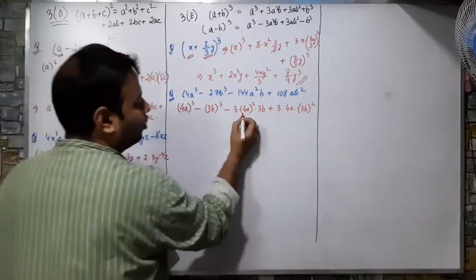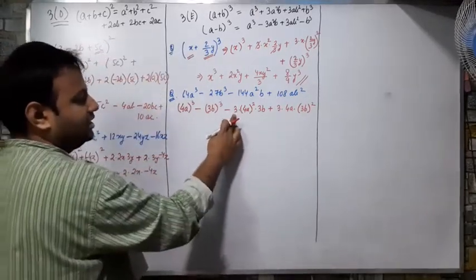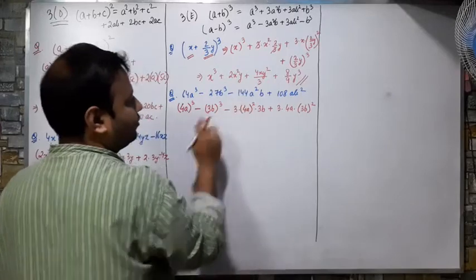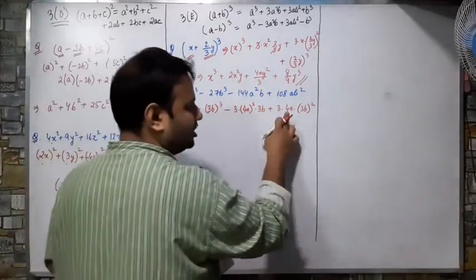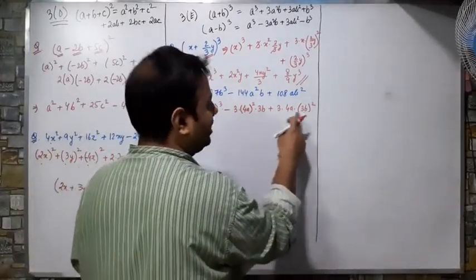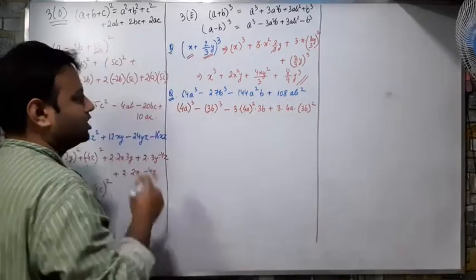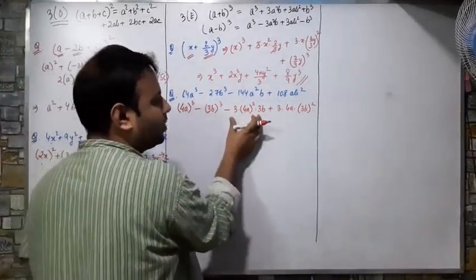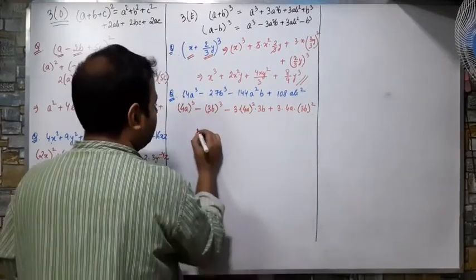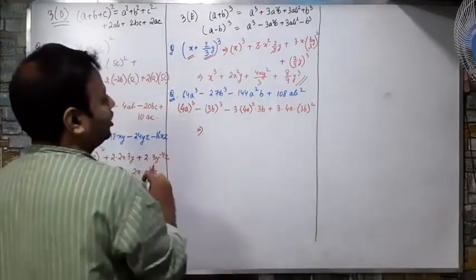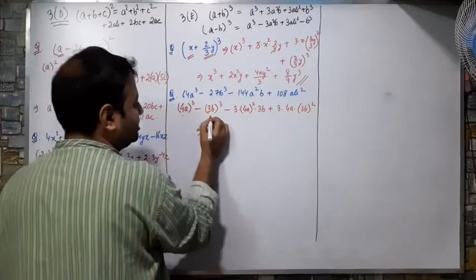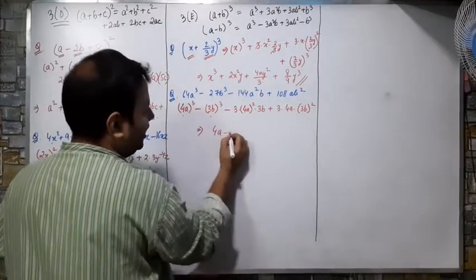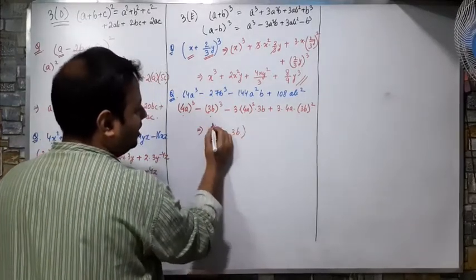So see, 4 square is 16, 16 3s are 48, 48 3s are 144. It is matching. 3 4s are 12, 12 into 3 square 9, 12 9s are 108. It is also matching. So I am getting a cube minus b cube minus 3a square b plus 3ab square. That is a minus b whole cube. This is a and this is b. I am getting 4a minus 3b whole cube.